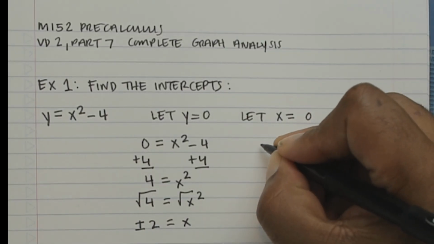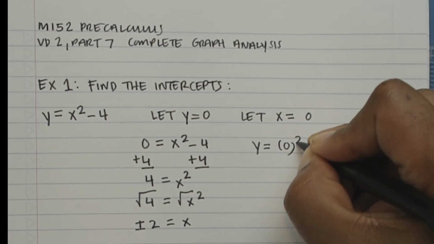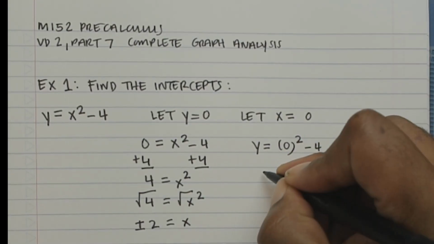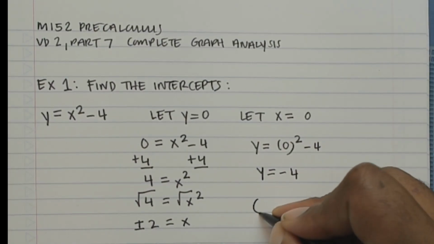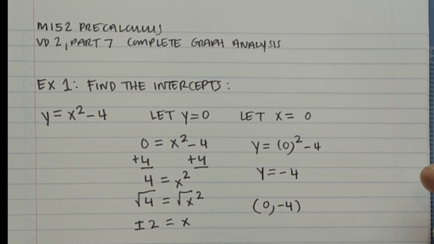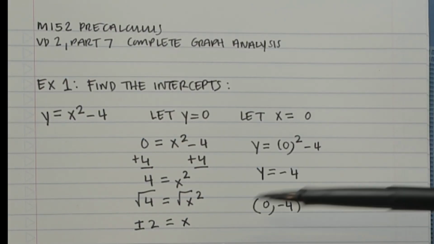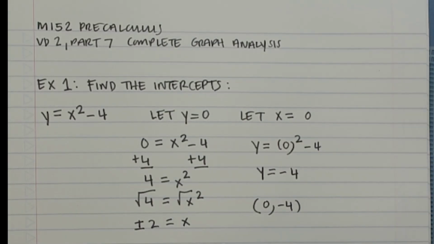Letting x equal 0, we have y equals 0 squared minus 4. y equals -4, so the y-intercept is (0, -4). So again, the x-intercepts are (-2, 0) and (2, 0), and the y-intercept is (0, -4).